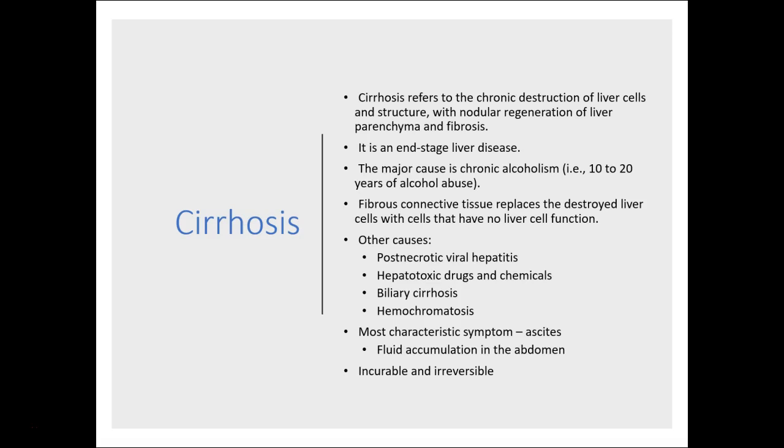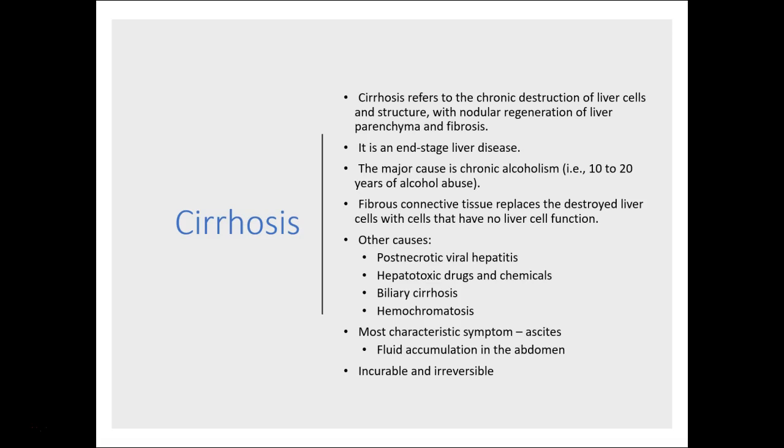Cirrhosis refers to the chronic destruction of liver cells and structure with nodular regeneration of the liver parenchyma and fibrosis. As an end-stage liver disease, the major cause is chronic alcoholism. Usually 10 to 20 years of alcohol abuse, but it also depends on how much you're drinking.